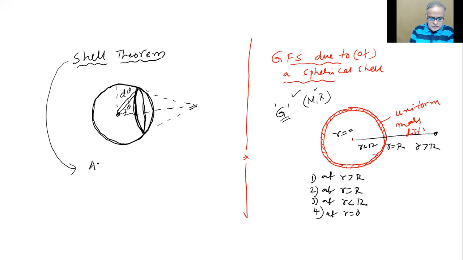According to this, for r greater than R, the shell is like a point mass at the center.